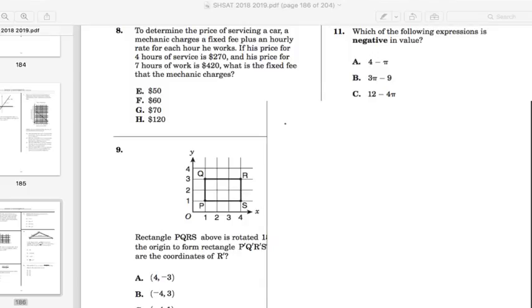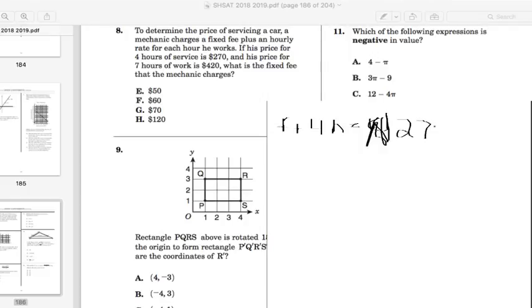So if his price for 4 hours of service is $270, that means there was the fee plus 4 hours, I'm going to make this an H just because the horizontal lines are not too deep, is 270.